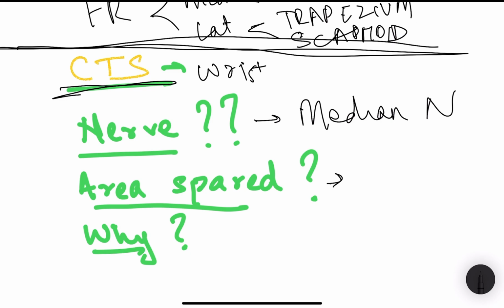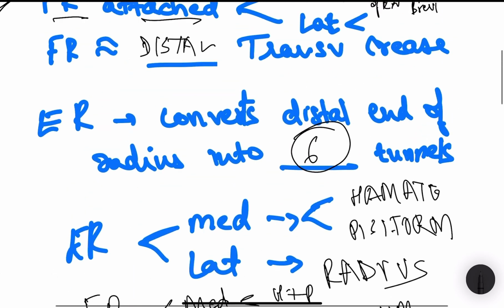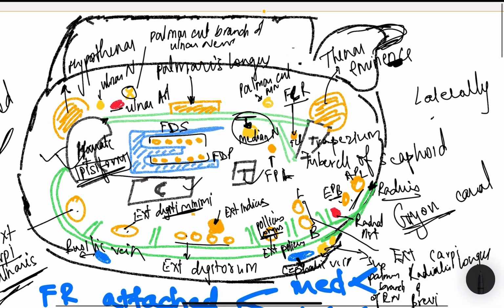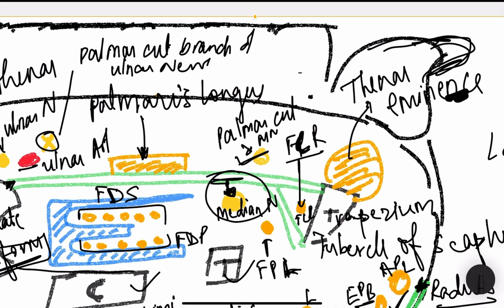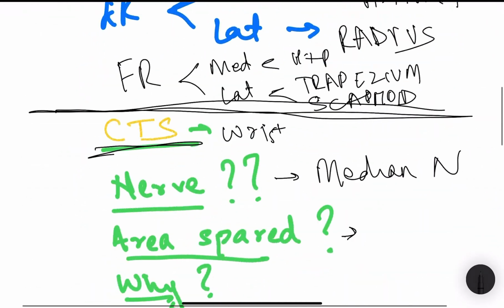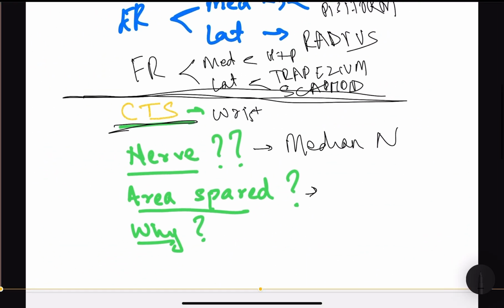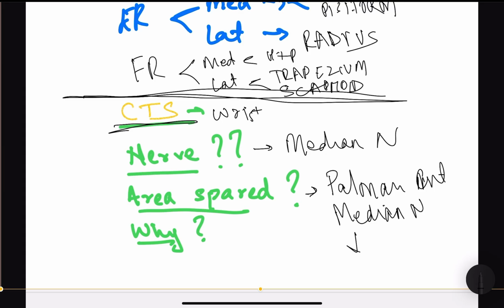But a part of the hand comes from its palmar cutaneous nerve, okay, so as you can see, there is the palmar cutaneous branch of the median nerve, and it goes above the flexor retinaculum. So for obvious reasons, the area spared is going to be that of the palmar cutaneous median nerve. And which area is that? Well, that area is nothing but the thenar eminence.